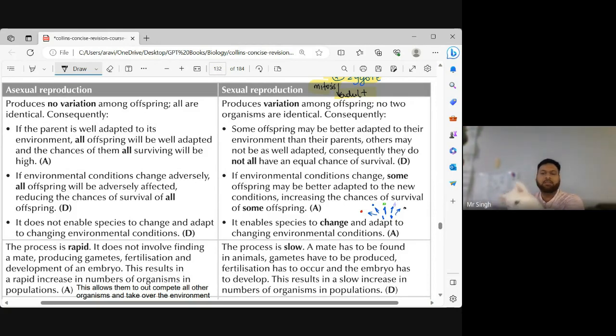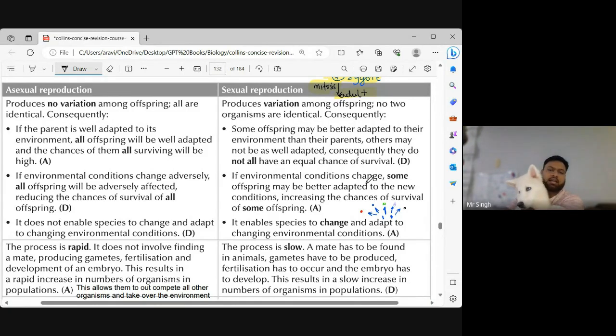Does that make sense, everyone? Does that make sense, Sushi? So for any environmental condition that passes, because we have variation in the population because of sexual reproduction, we will have many different opportunities for any one of those to survive.